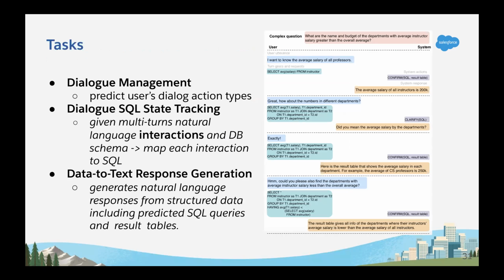It looks like dialogue state tracking, but SQL state tracking is more complicated. The third one is data-to-text response generation: given your SQL query and your result tables, generate a natural language response from them.